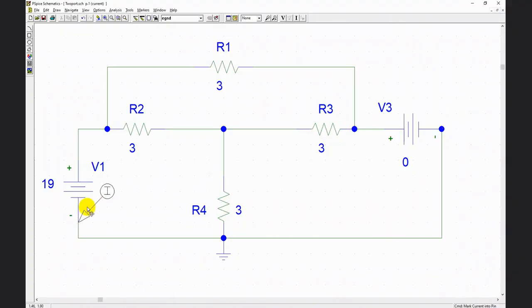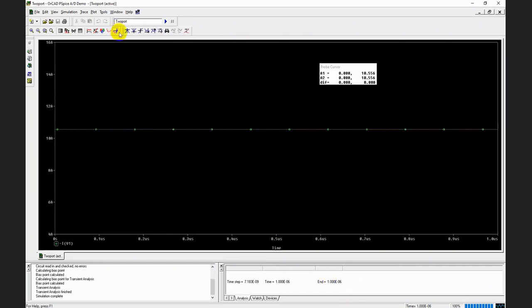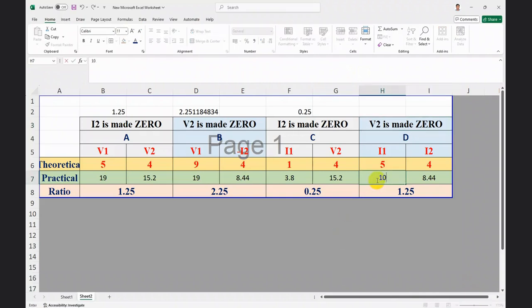So now we have to find I1, place it here, simulate. It is 10.556. So we get 1.25 approximately, which is correct.